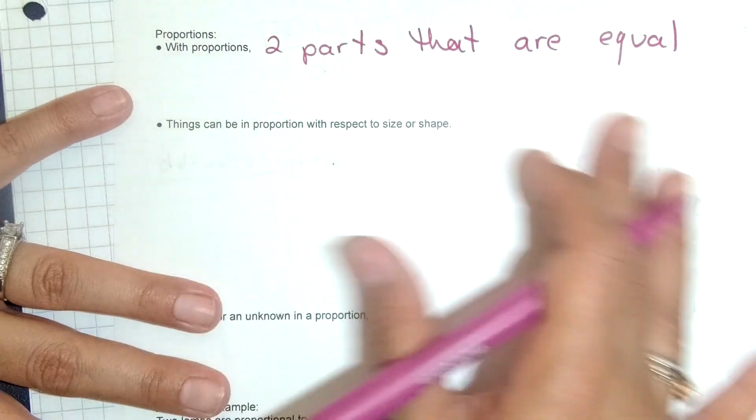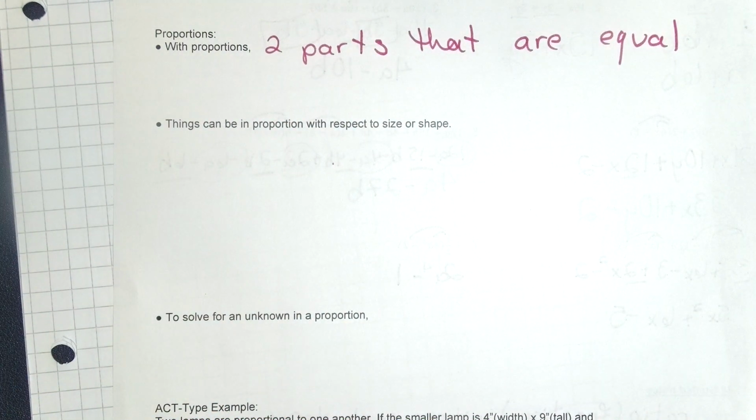Two parts that are equal. They're proportional. Meaning like if I have $10 an hour, if I work 2 hours, that's $20 for 2 hours. If I work 100 hours, it's $1,000 per 100 hours. Okay, it's proportional. You're gonna end up getting the same value eventually because it'll reduce.